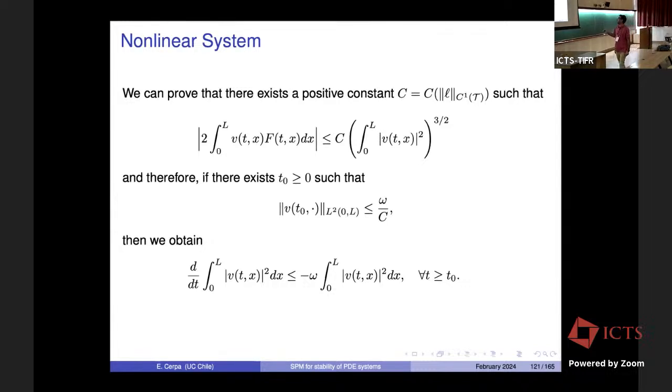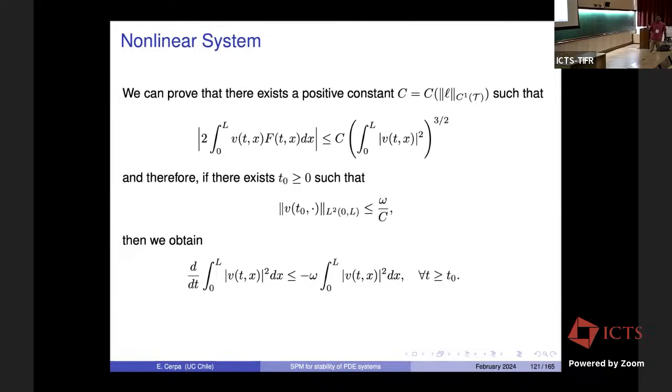So we have here the energy of V to the power 3/2. And so you can really see what kind of smallness condition for the initial data you have to impose in order to get an estimate for the time evolution of the nonlinear system.